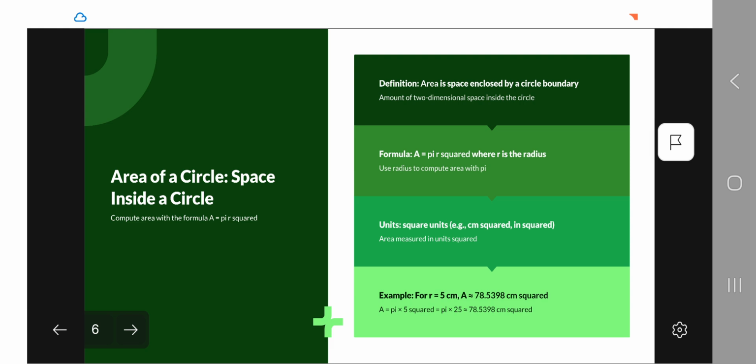So equals pi times 25, which is approximately equal to 78.5398 centimeters squared. So I'm still a little bit confused on some of this.